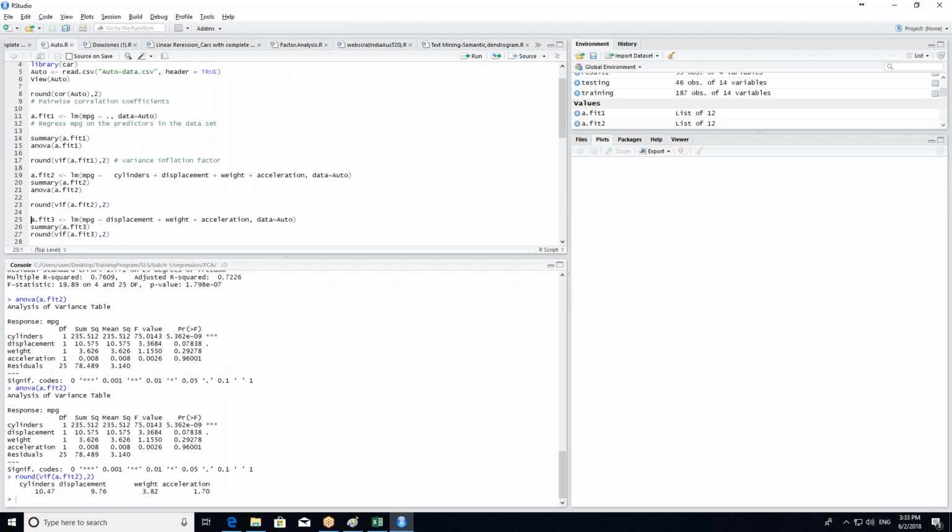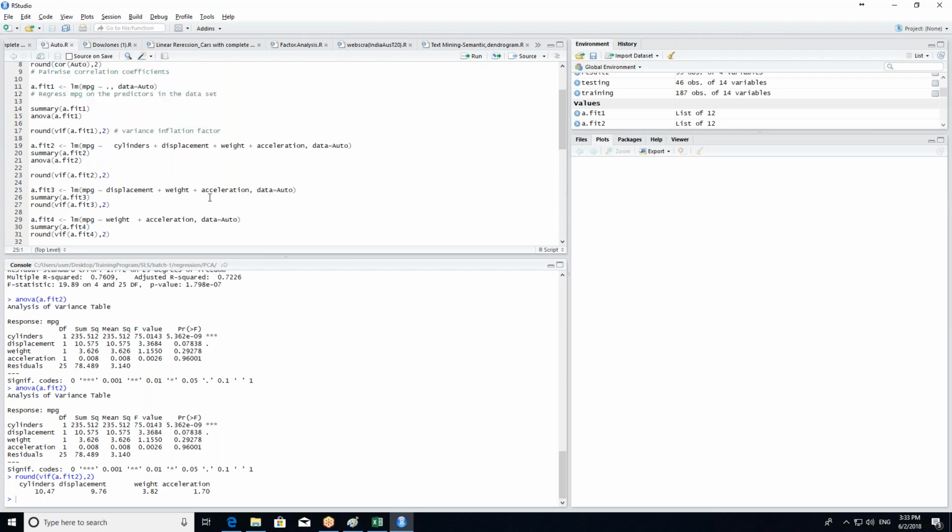Then I run the linear regression model again by removing one variable that was troubling in our VIF. So I have removed it. I kept only two. I have removed one here. Then I have removed one more.